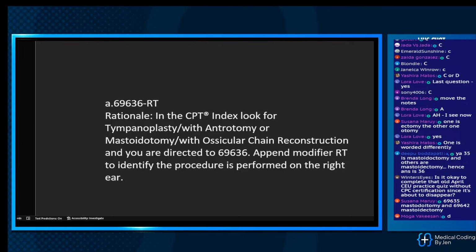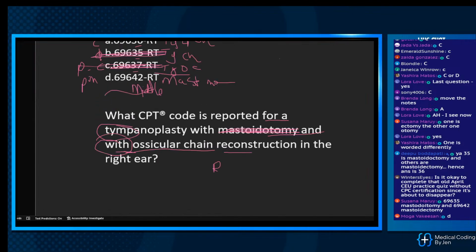One's ectomy, one's otomy. Yep. Where have we got? Yep. So that's, yep. 41 is true.